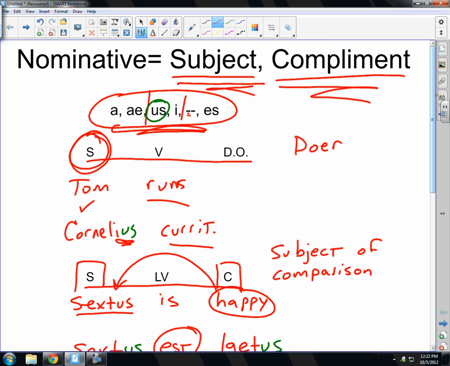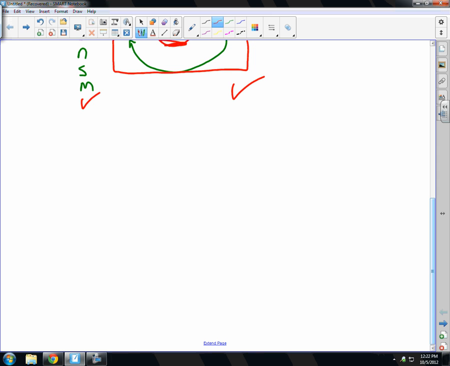When we're talking about nominatives being subjects or complements, a subject is either a doer of the action or the subject of that comparison. A complement is the comparison itself. It's what is describing the subject when we're using a linking verb. So in the Latin, if I get those nominative endings, that's what I'm looking for.